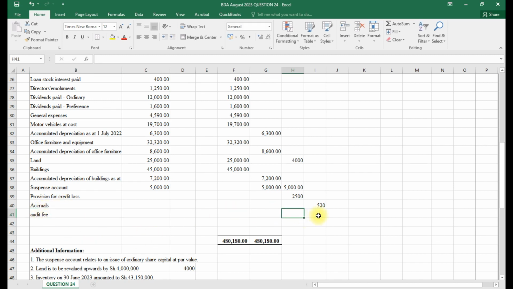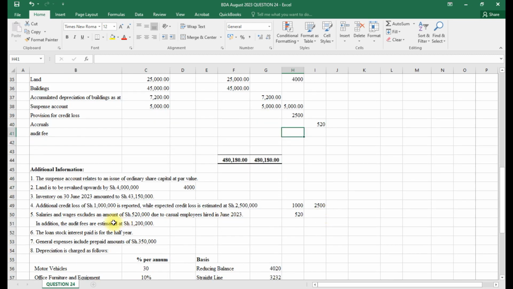So for the audit fee estimated at 1.2, I will debit the audit fee, and I will credit the accruals. It will affect the accruals. I will add under the accruals 1.2 for the audit fee.